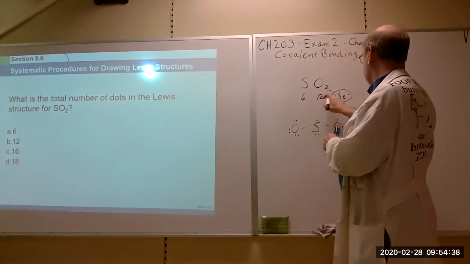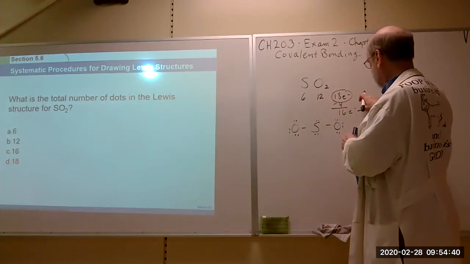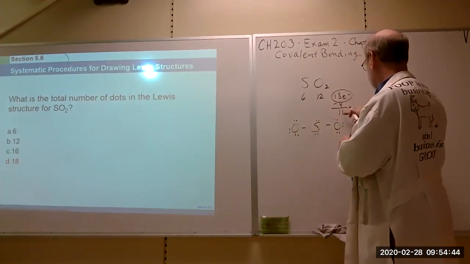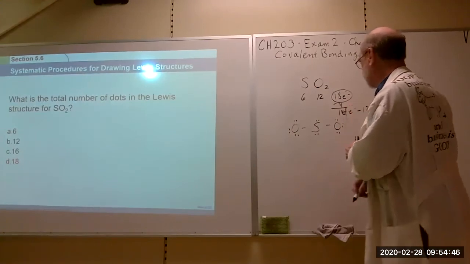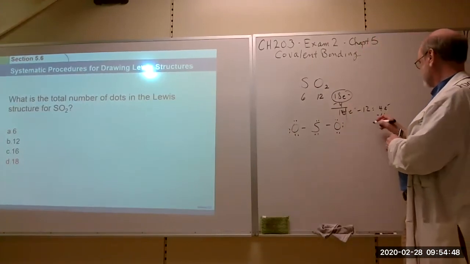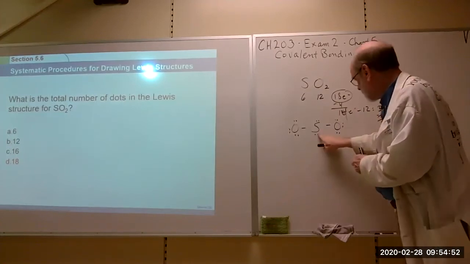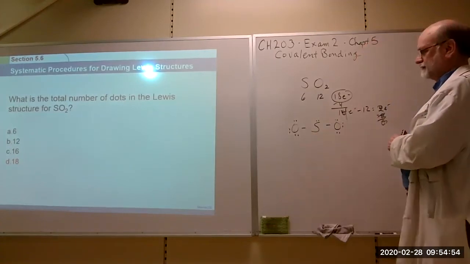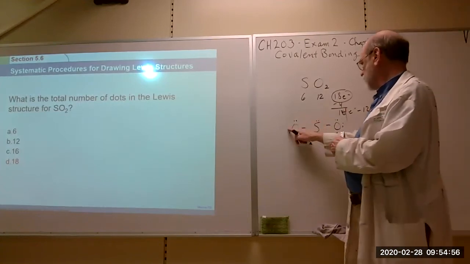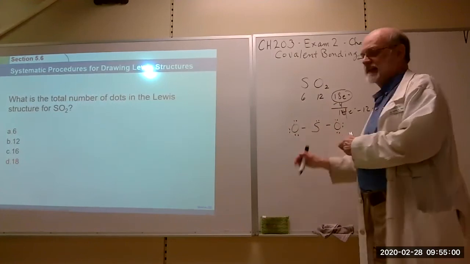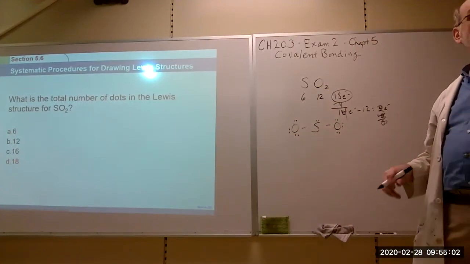Oxygen 6, 3 times 6 is 18. Ah, I did miscount. 2, 4, 6, 8, 10, 12, 14, 16, 18. Okay, so they're counting dashes as dots.